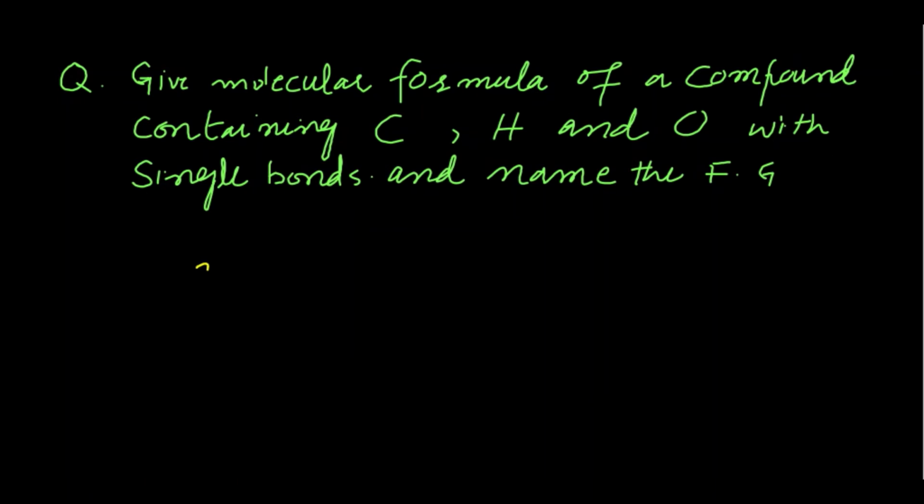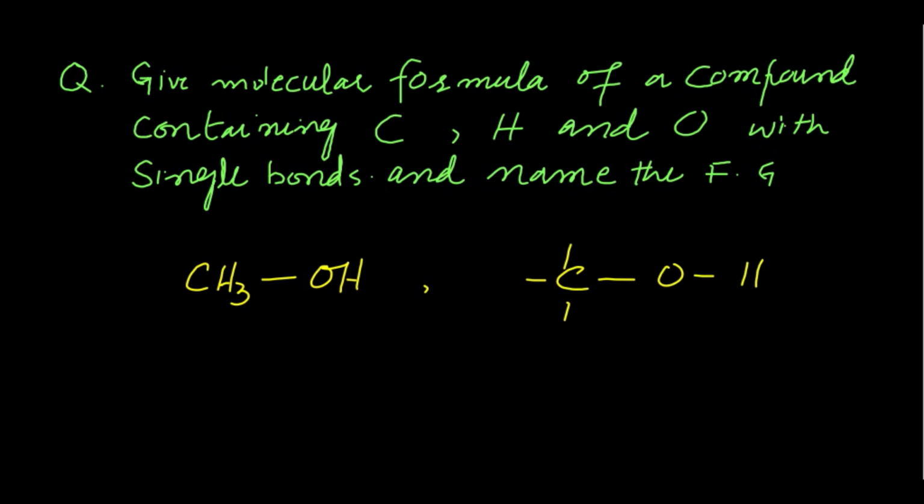So we will write the simple structural formula for the compound. We have CH3 OH. This compound is made up of only 3 elements, that is carbon, hydrogen, oxygen. If we write its structural formula, we will see that we have single covalent bonding between all the atoms.